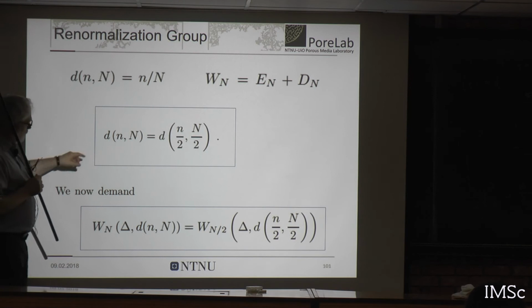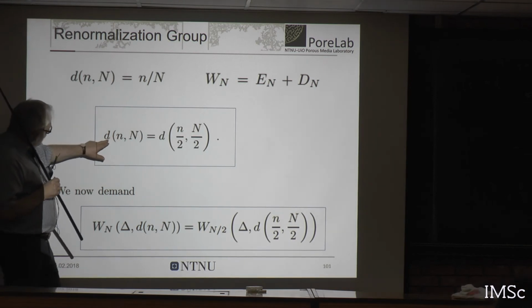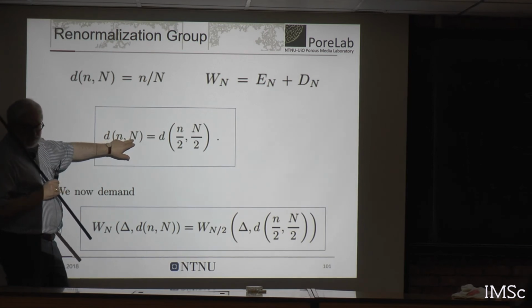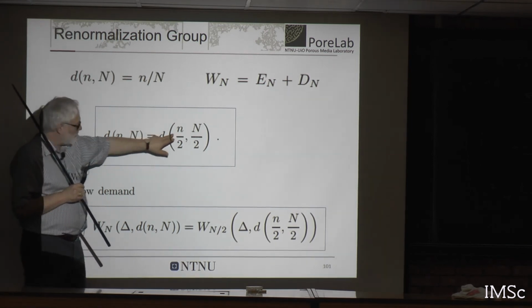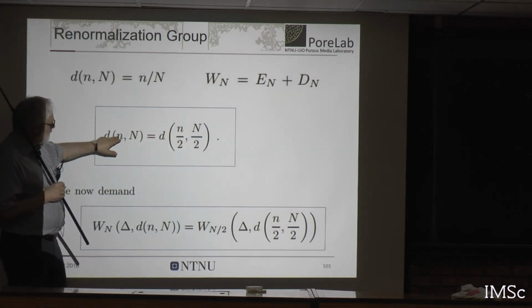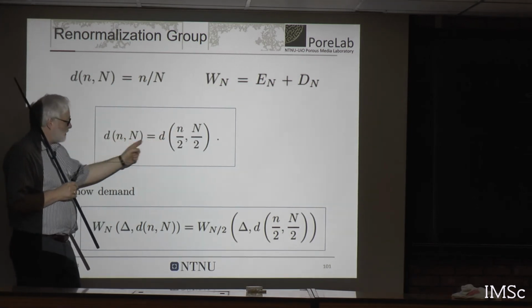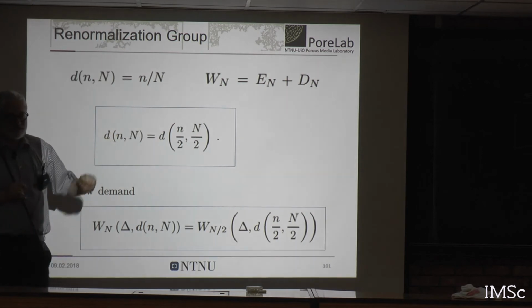And we see here that if I rescale n by 2, I divide n by 2, and I rescale n by 2, divide by 2, I get the same thing. So this is a symmetry.